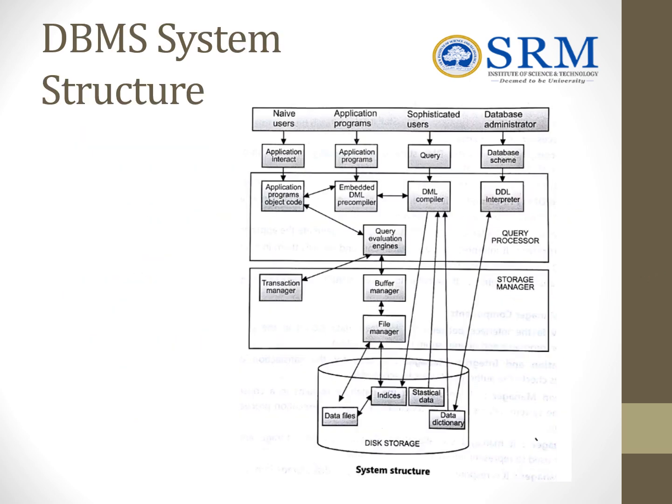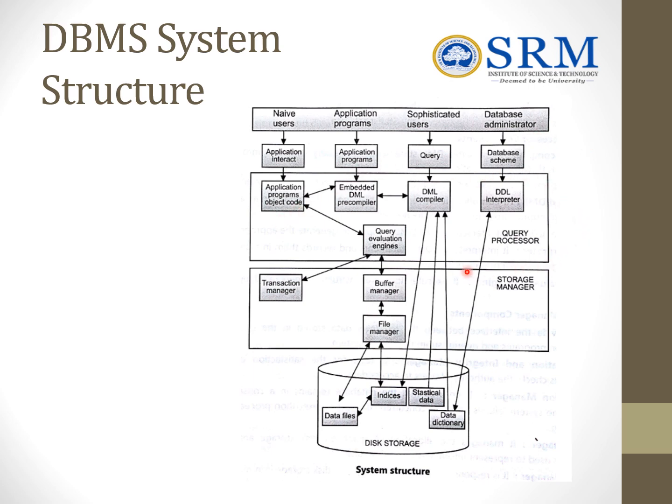Coming to the DBMS system structure, this is the structure that holds the user level, the logical level, and the physical level. Here we have the naive user, application programmer, sophisticated users, and database administrator as users.